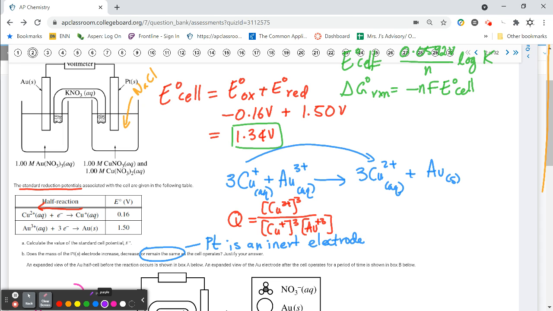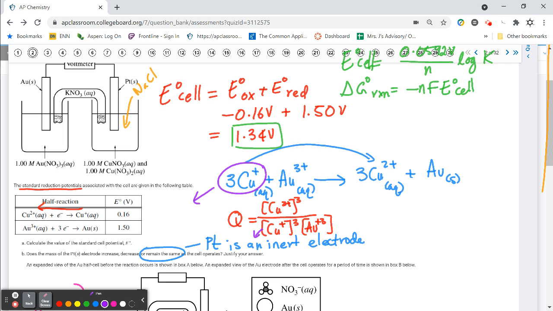When you add sodium chloride, you are going to remove copper 1, because remember, copper 1 chloride is precipitating out of solution. So copper 1 is being removed, which means this concentration is going down. Your reactant concentration is going down. When your reactant concentration goes down, your Q value is going to go up, because the ratio is changing.